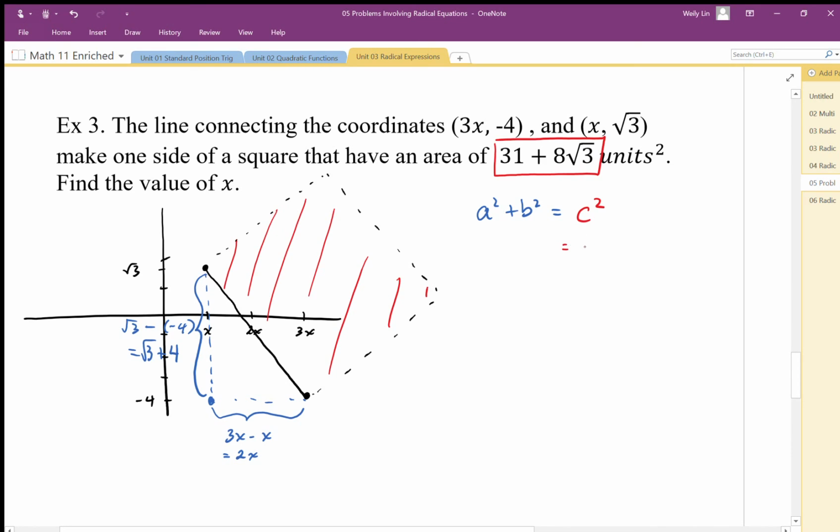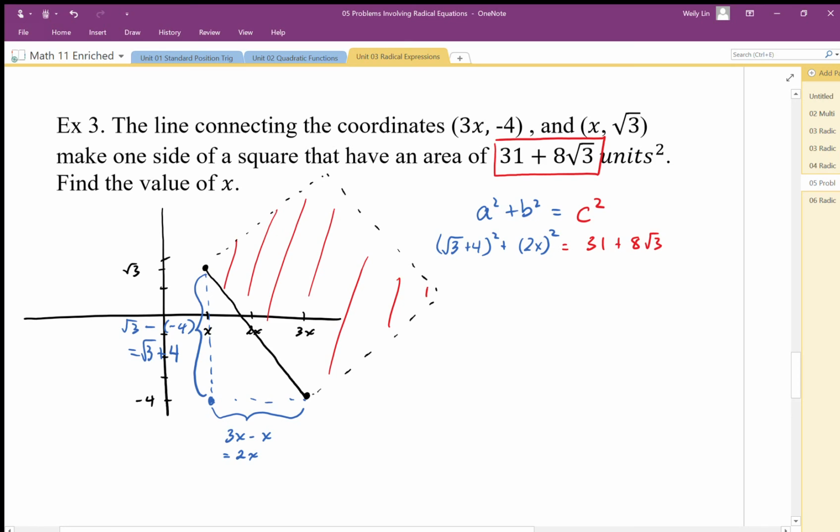So I'm just going to say c squared is 31 plus 8 root 3. I'm going to write an expression for x on this side. So a squared is going to be root 3 plus 4 squared plus 2x squared. And now I have an equation which I can solve for x.